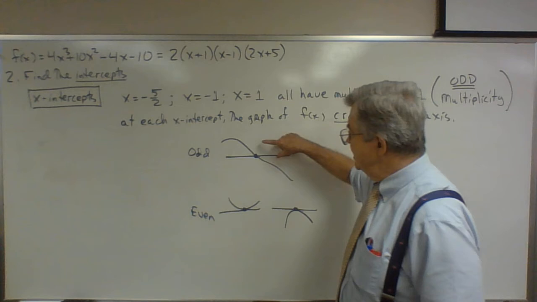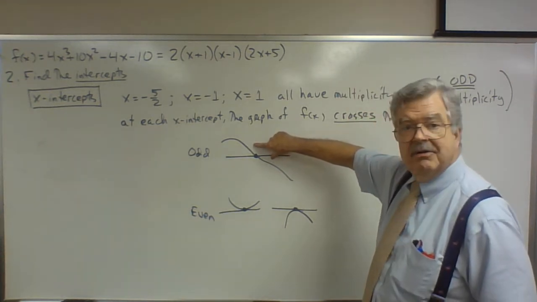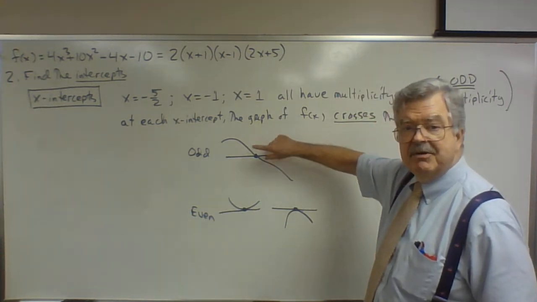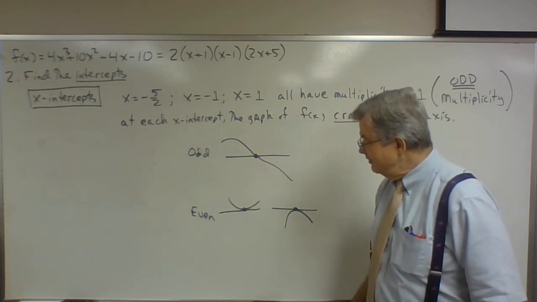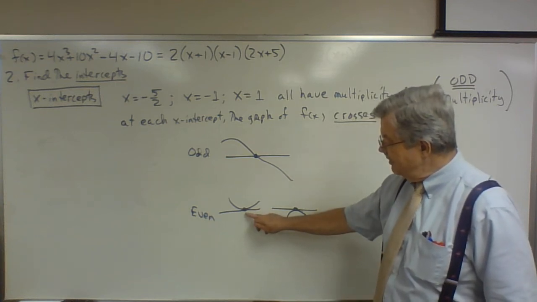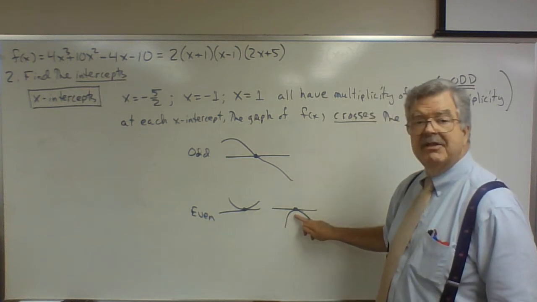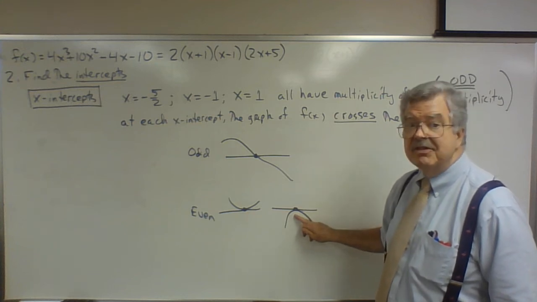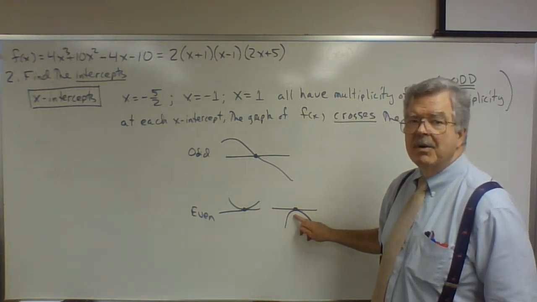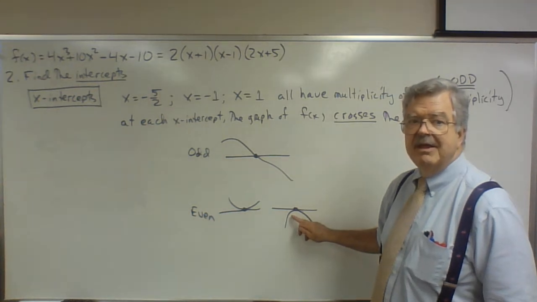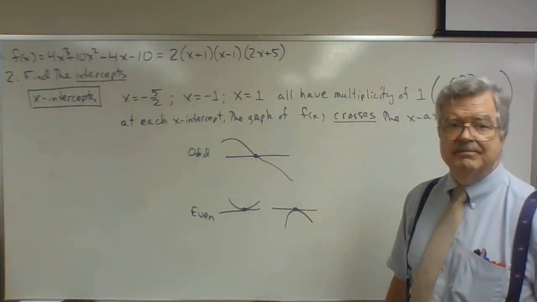If the multiplicity is odd, the graph's going to look like this at the x-intercept. If the multiplicity is even, the graph's either going to look like this or it's going to look like that. The graph will touch the x-axis, but it won't cross if the multiplicity is even.